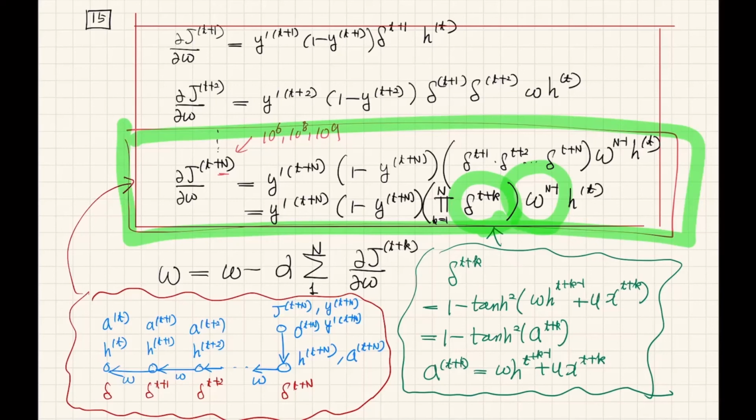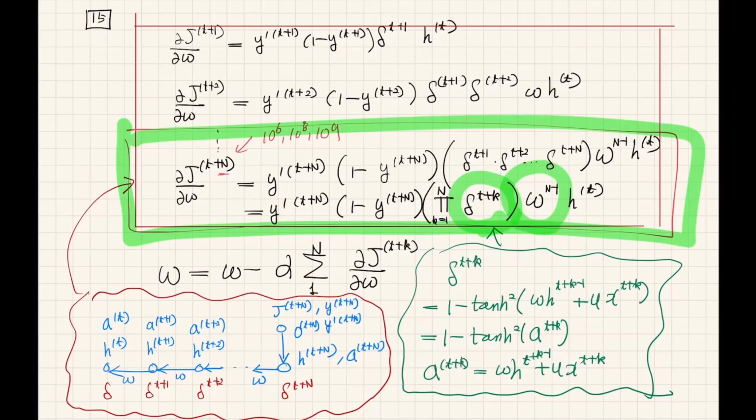So to obtain the derivative of the cost function, we have to go through this term. So delta has to be multiplied many, many times if you go back one state, one state, one state, one state. That is called backpropagation through time.